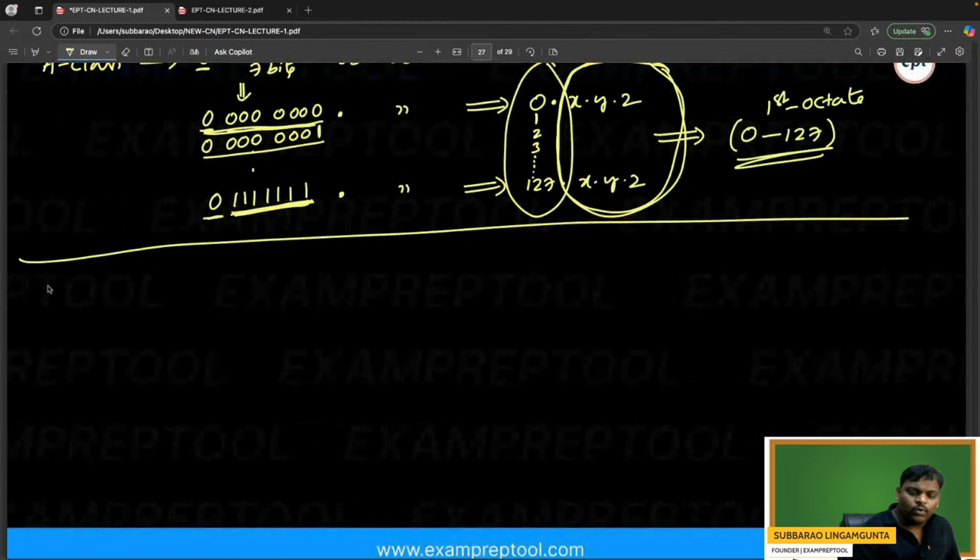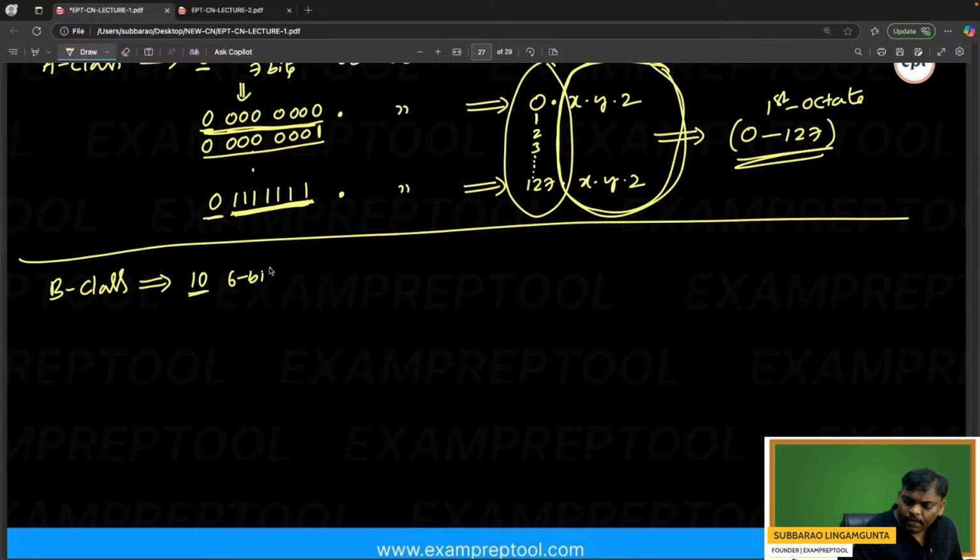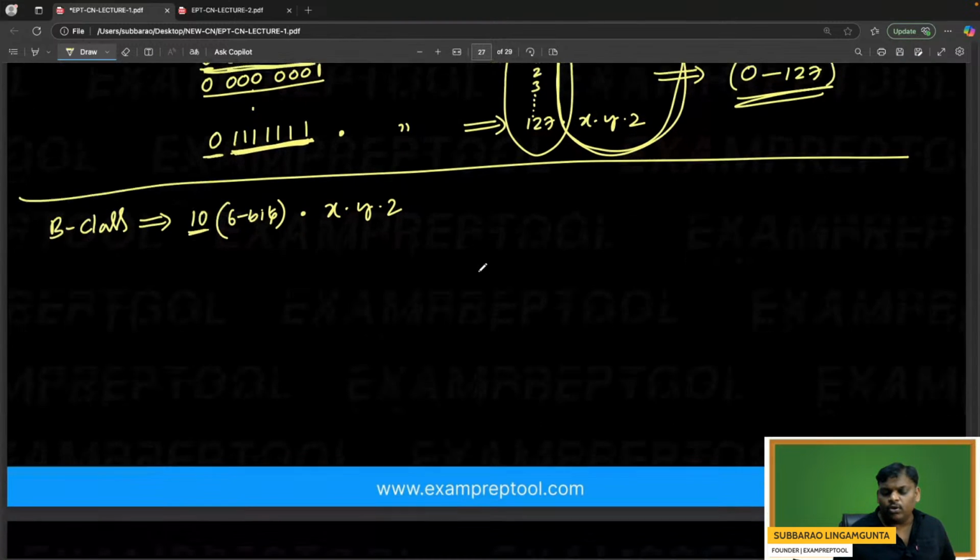Now to get more clarity, let's go to B class. You will easily get what is going on here. Can you see the B class? B class means, as everyone knows, starting with 10, and the remaining are 6 bits. The rest is normal, X.Y.Z. Don't worry about the other parts.